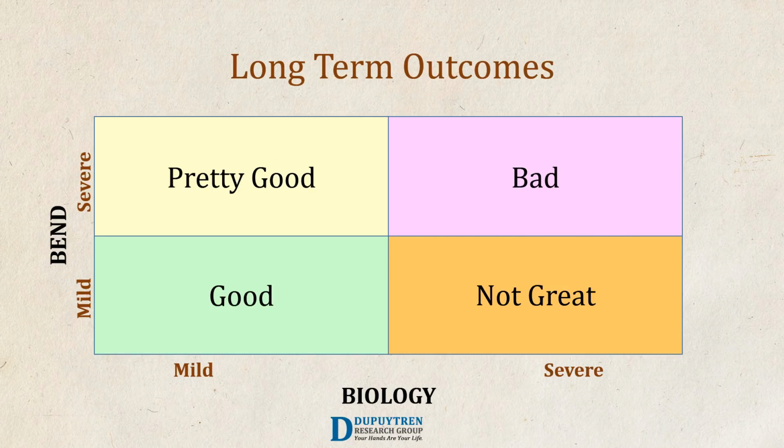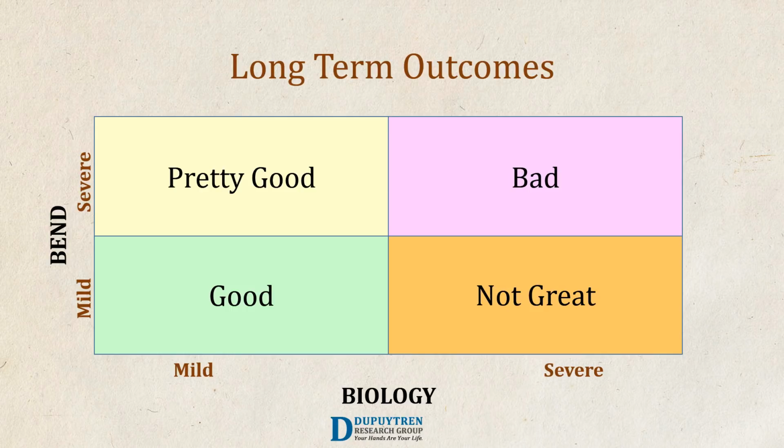Long-term outcomes also depend significantly on what the person's biology is. So if someone has a mild biology and a mild bend in their finger, they really have pretty good odds of having a good long-term result. Even if they have a severe bend in their fingers, surgeons have developed a number of fairly sophisticated technical approaches to deal with severe contractures, and the long-term outcome just based on contracture is still fairly good.